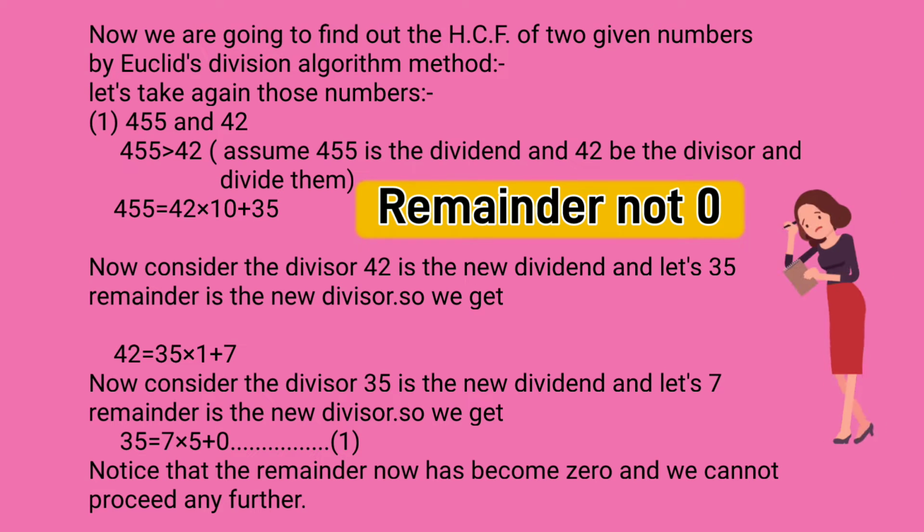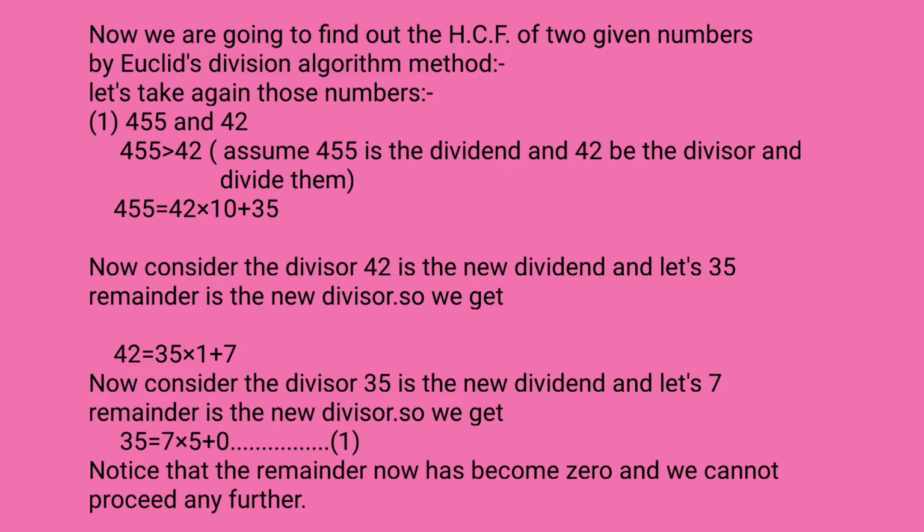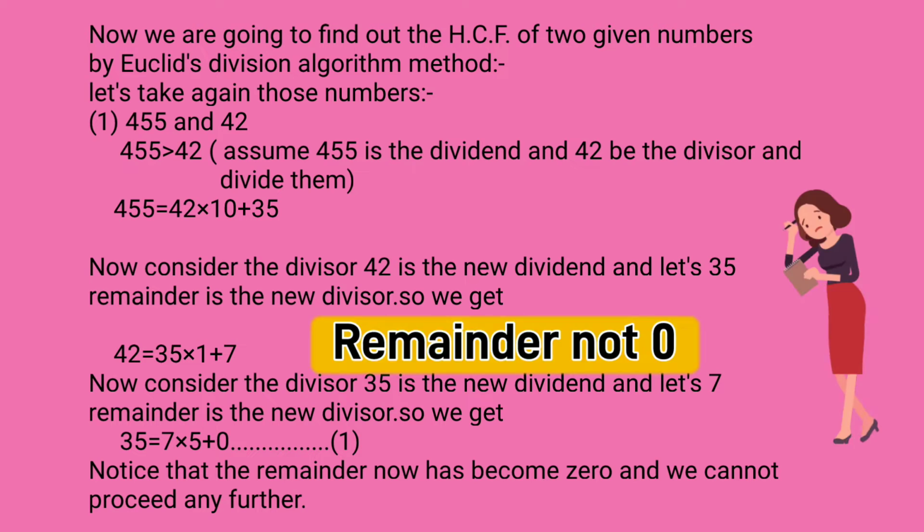So we consider the divisor 42 as the new dividend and 35, that is the remainder, as the new divisor and divide them. So we get 42 equals 35 into 1 plus 7. Here remember that the remainder is not 0, that is 7.